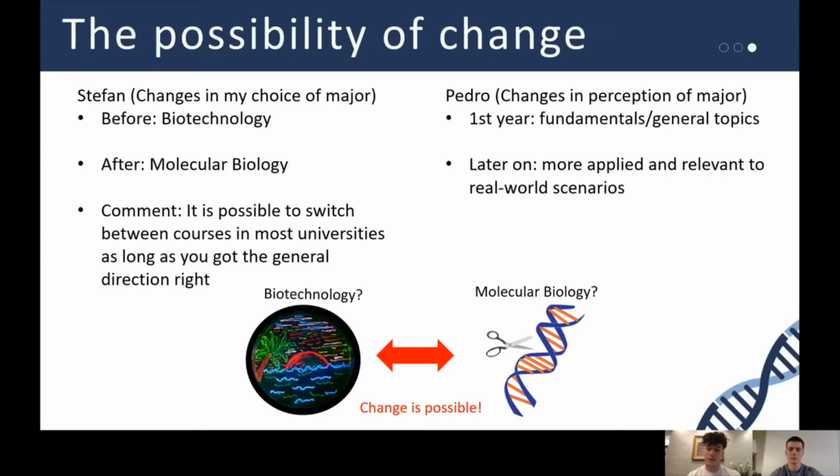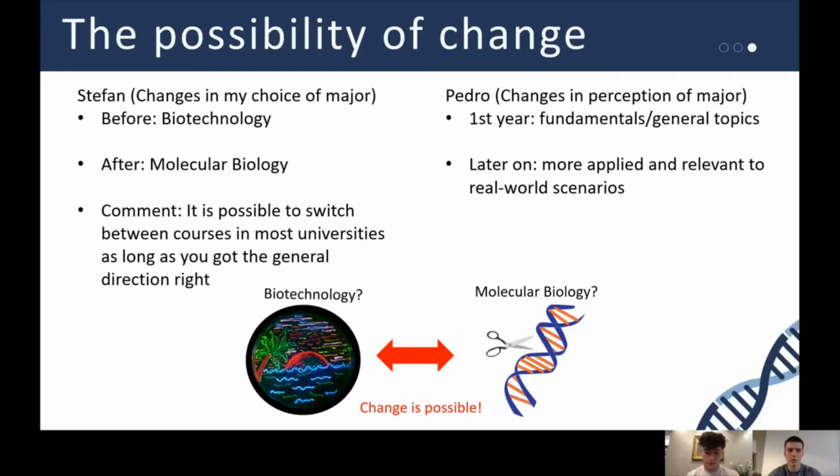It just wasn't my particular choice. So I switched to molecular biology, which also allowed me to do more hands-on work. It is possible to switch between courses in most universities, and as long as you have the general direction, as long as you really want to be in the field of molecular biology study, whether through biochemistry or through the more applied biotechnology, change is possible.